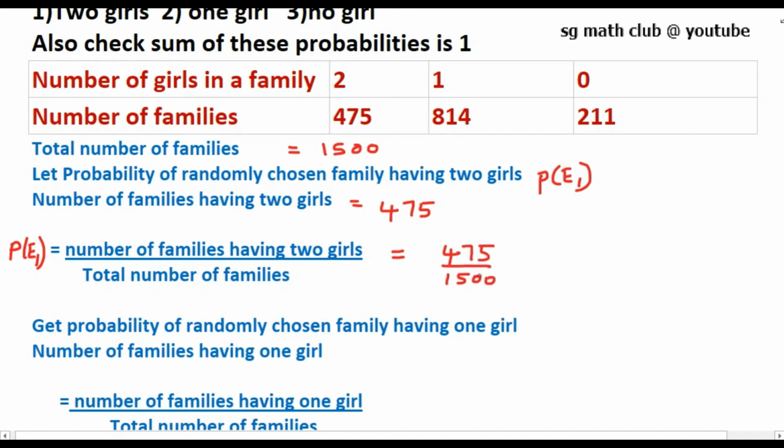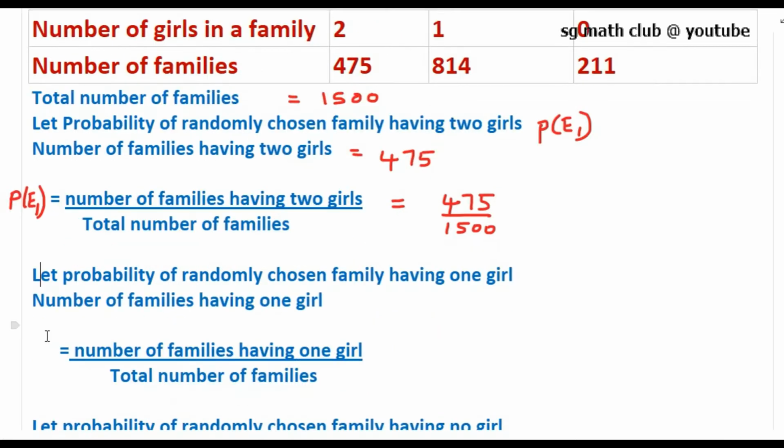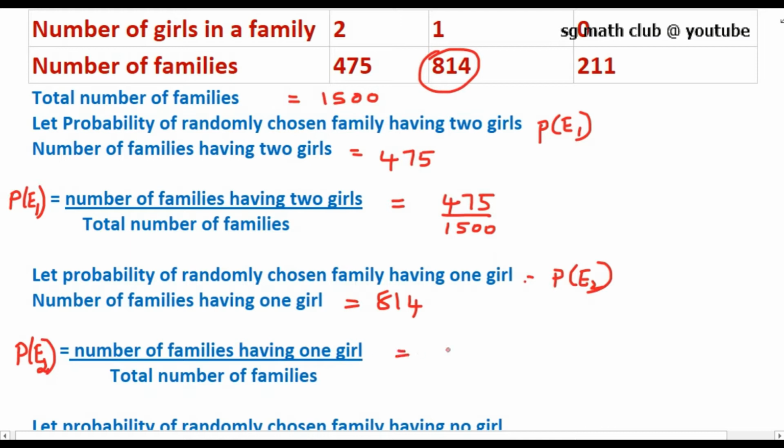Now let the probability of a randomly chosen family having 1 girl be P of E2. The number of families having 1 girl is 814, so P of E2 is 814 divided by the total number of families, 1500.